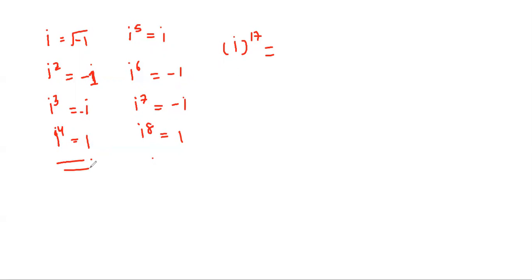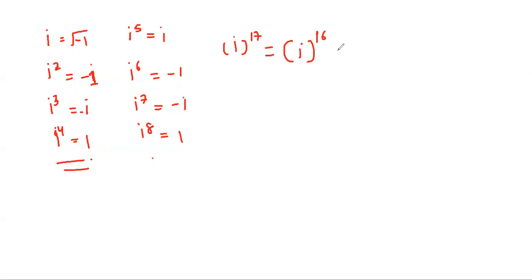To which power of i do we get the value 1? i raised to 4. So I have to look for a power which is a multiple of 4. What power of i is a multiple of 4? Tell me. 16, isn't it? 4 4s are 16.